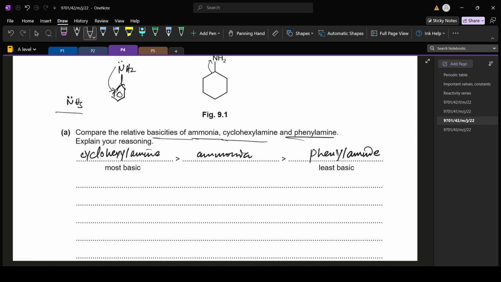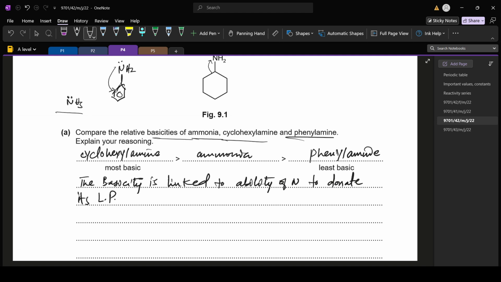The basicity is linked to the ability of nitrogen to donate its lone pair.